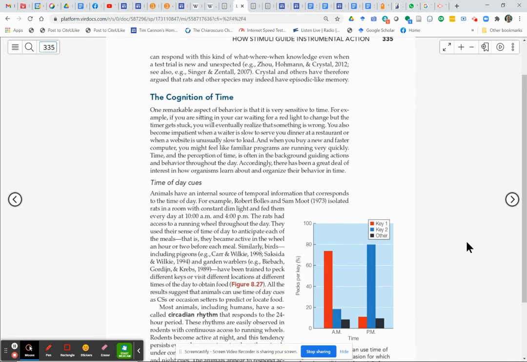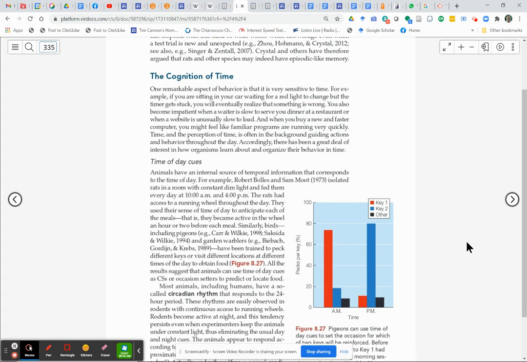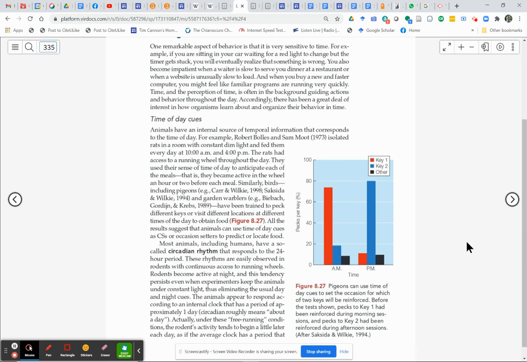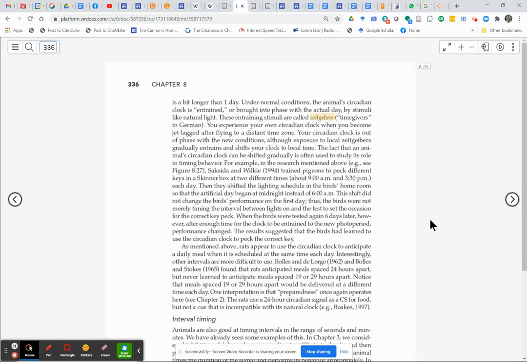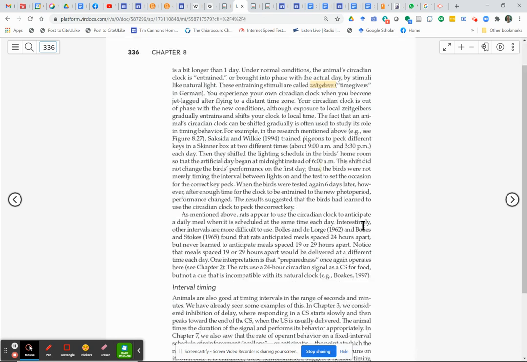So you have circadian rhythms around the day, and the pigeons can use it, rats can use it, and free running means you take away the Zeitgeber, that which tells the animal what time of day it is, and the animal just has to figure it out by itself. There's Zeitgeber, time givers, and jet lag, and that messes you up.